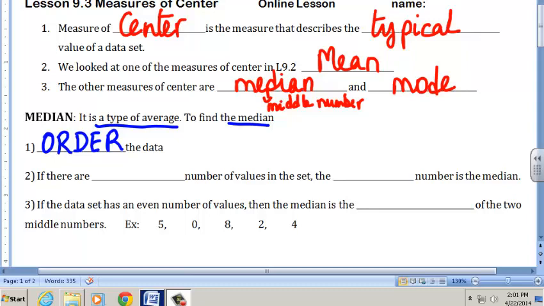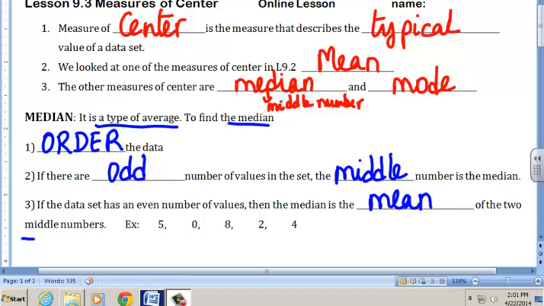If there are an odd number of values in the set, then the middle number is the median. It makes our lives really easy. But if the data set has an even number of values, then the median is the mean of the two middle numbers.